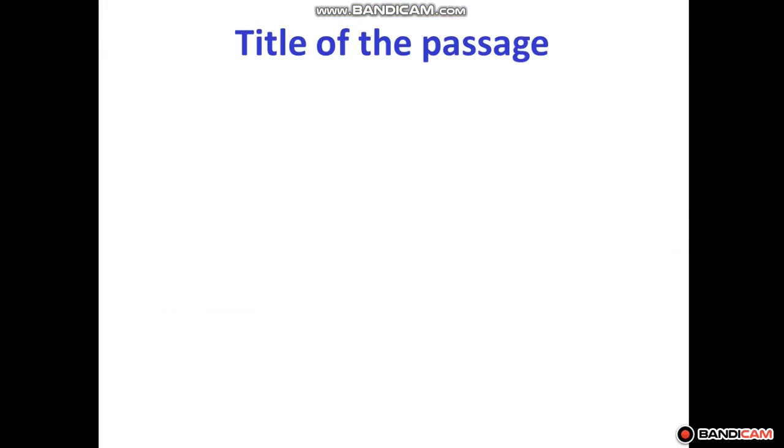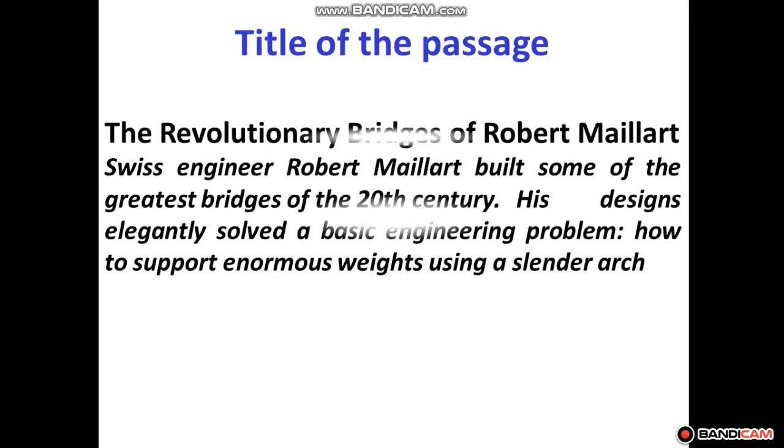Now the title of the passage is very important. Pay first attention to the title. For example, The Revolutionary Bridges of Robert Maillart. That's the first heading, and then the smaller heading: Swiss engineer Robert Maillart built some of the greatest bridges of the 20th century.